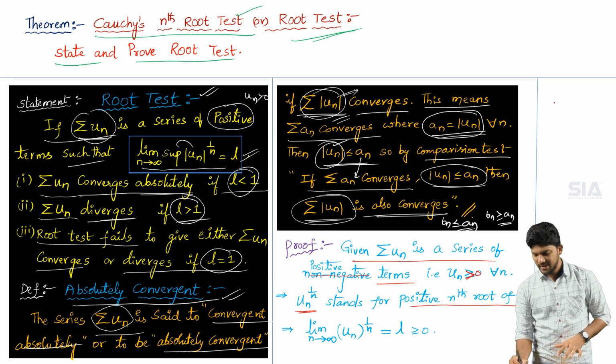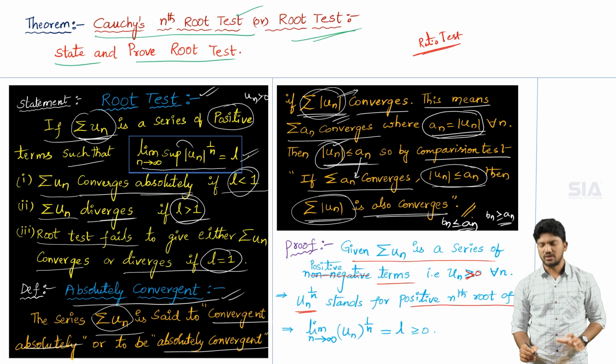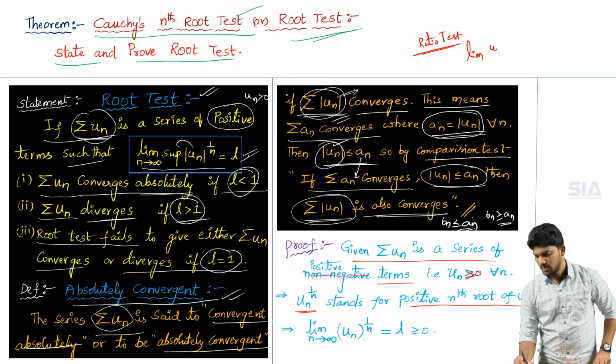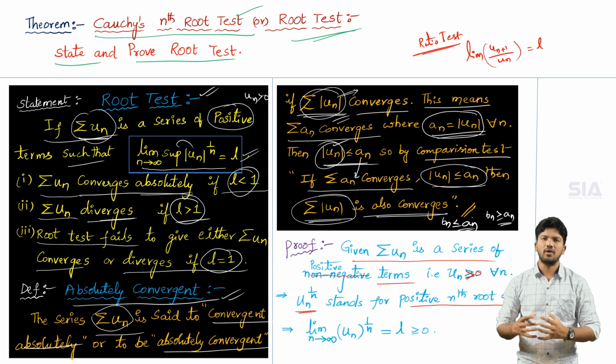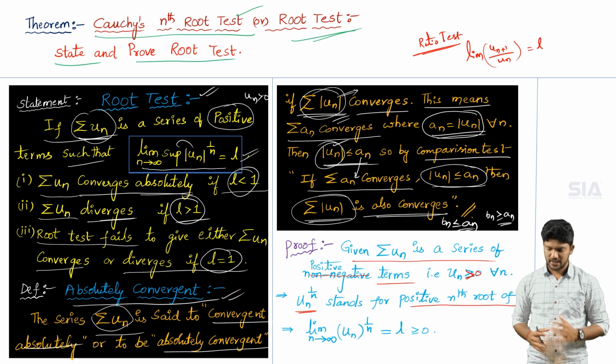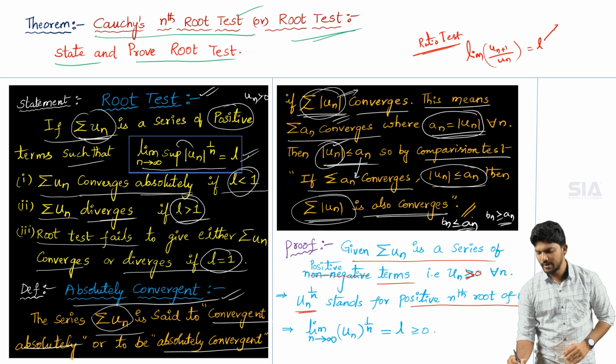అంటే సో ఈ థీరం లో మనకు రూట్ టెస్ట్ లో బేసిక్ గా మీకు క్లియర్ గా చెప్పాలంటే, రేషియో టెస్ట్ we have discussed in the previous lecture. Okay, in the ratio test what we have used the notation limit of u suffix n plus 1 by u suffix n, okay, so limit of u suffix n plus 1 by u suffix n is equal to L. For this limit point we have three possibilities anamata.